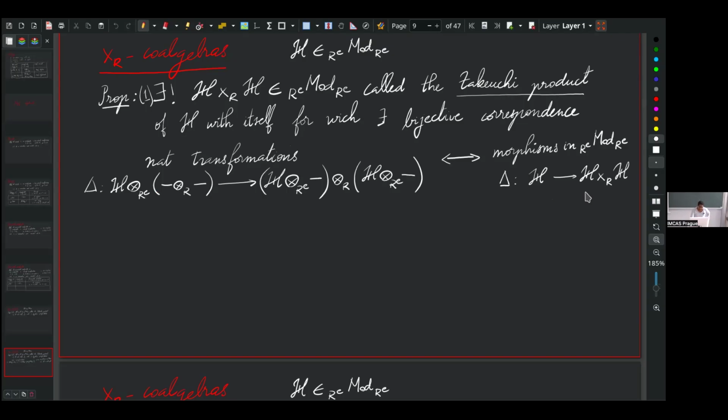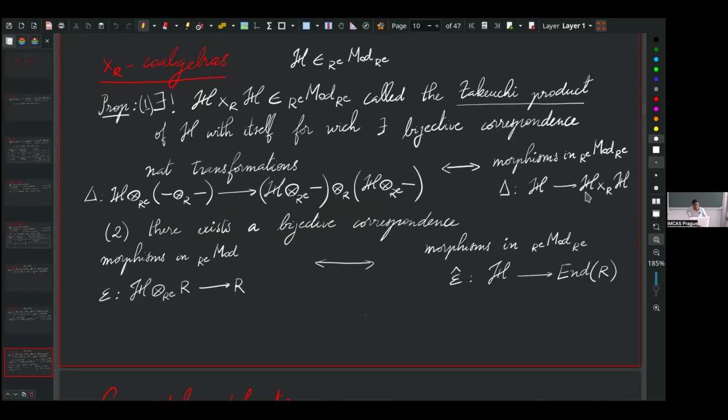That's a nice property. This property was proven by Day and Street, and it gives us some insight as to why we would choose this operation.